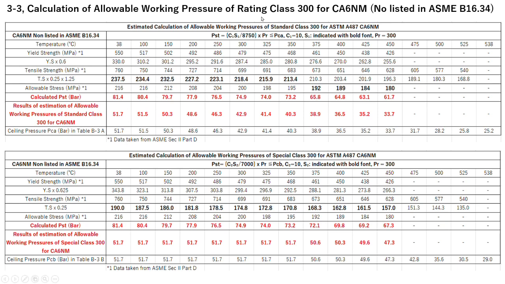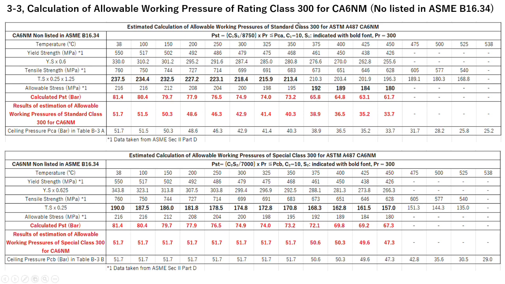So the material cannot be used that way, but in case the rating table is assigned for CA6NM, we can use it for bolt material.